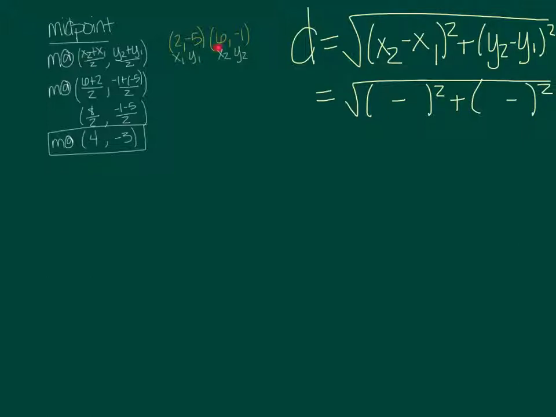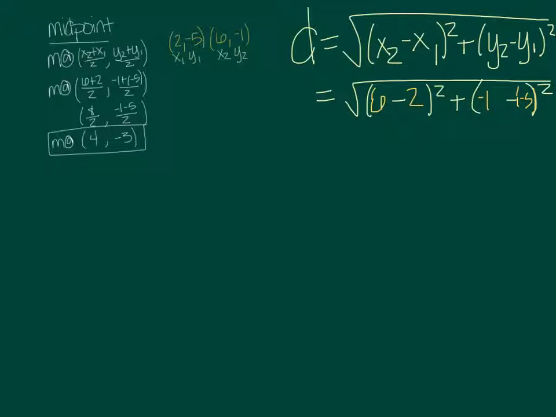So we're starting with x2 minus x1. So we have 6 minus 2. And then we have our y2 minus y1, which in this case is -1 minus a -5.